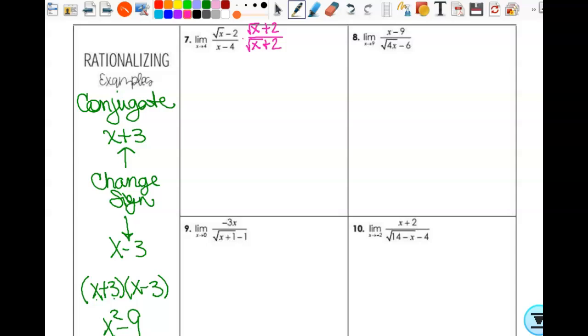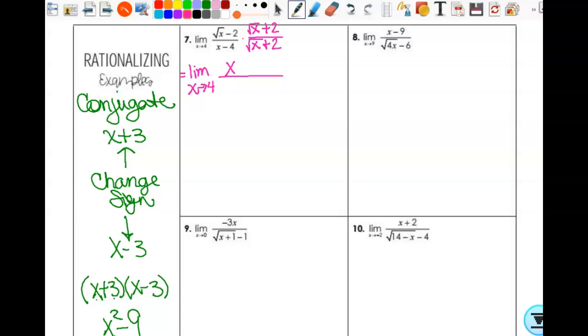Okay? That makes sense? So now I rewrite the limit as x approaches 4 of, now look in the numerator, because that's the conjugate, I have a difference of squares situation, right? So I square that first term. When I square the square root of x, I get x, right?